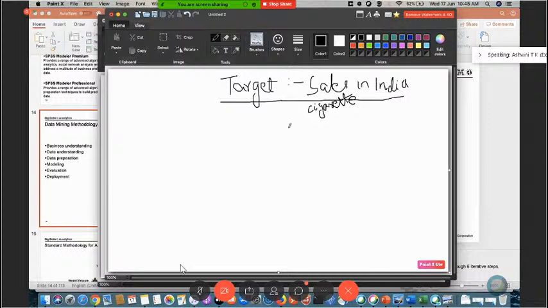I'm not talking about consumption of cigarette, I'm talking about sale. These are two different concepts. If you say consumption, then it is the youth. But even if you pick 10 people around you, 6 of them smoke, that is not going to give you the sale of cigarette in India.